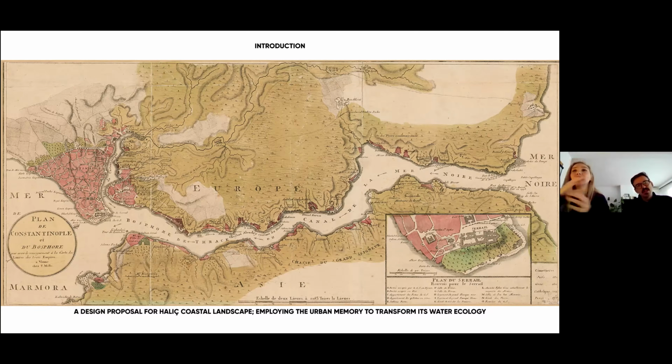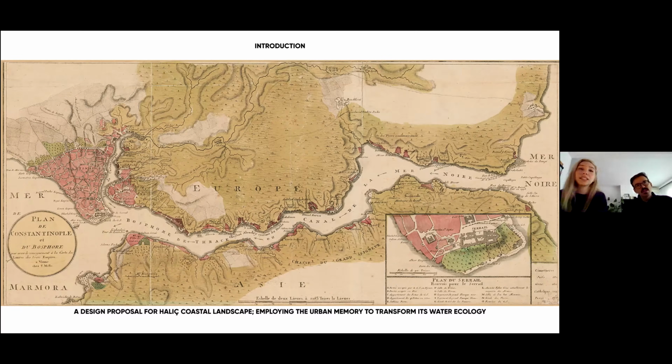So all of a sudden then, it's creating the capital, the Byzantium's capital is over here, and they are using Haliç as a port area. And this natural port then is creating the civilizations that are to come.